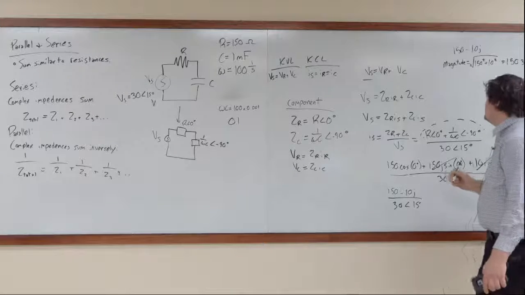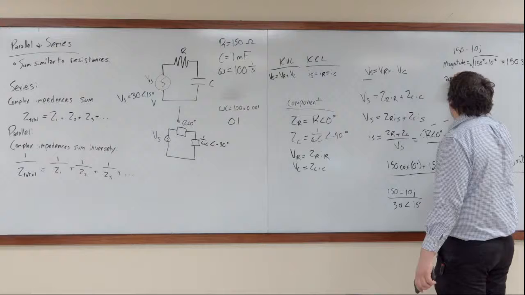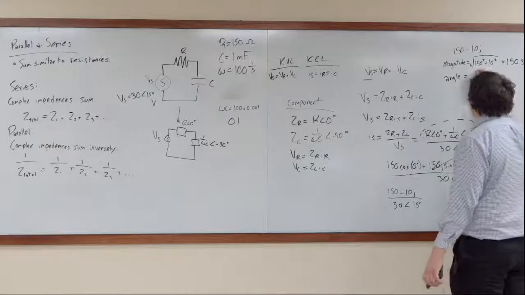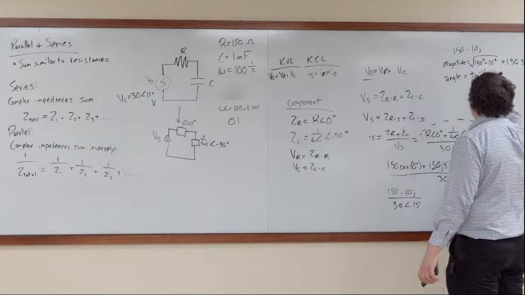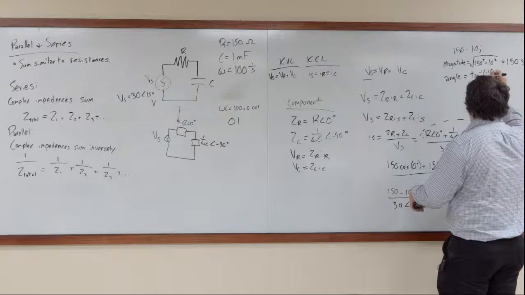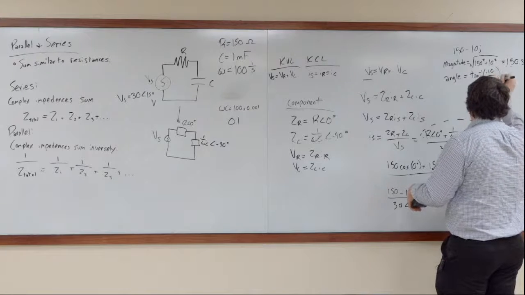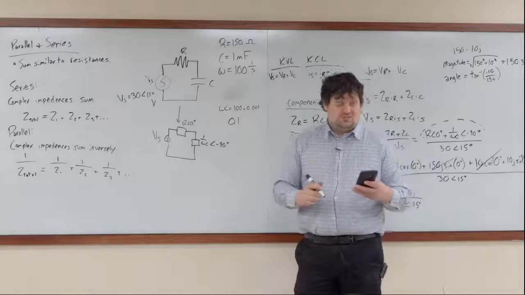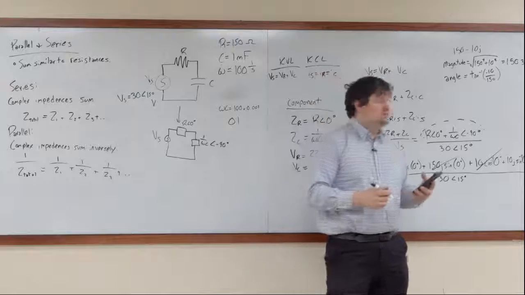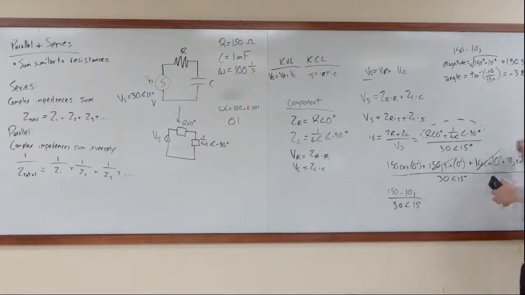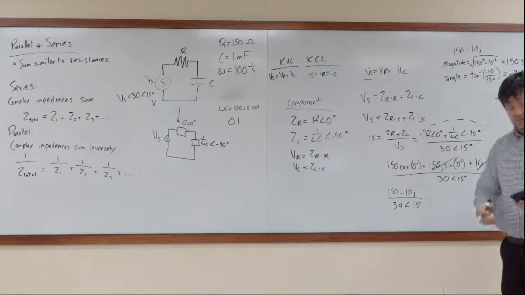So the magnitude is 150.33, and then the angle is the inverse tangent of negative 10 over 150. It'd be 3.81 with positive values in that, so that should just be a negative 3.81.